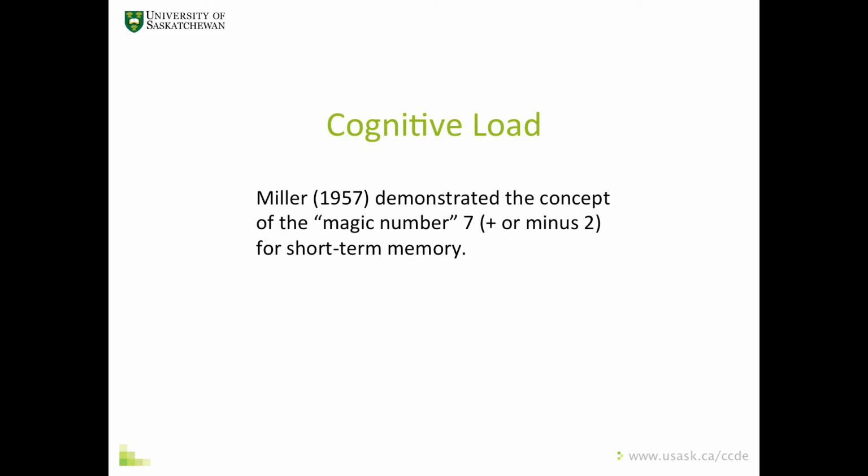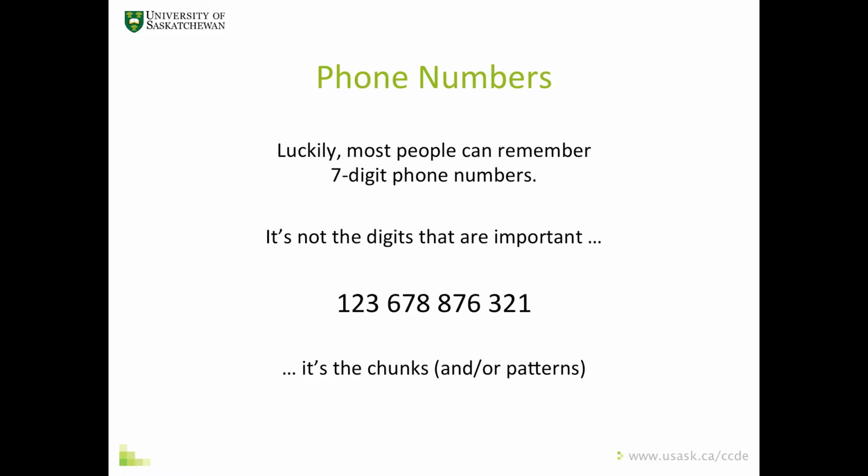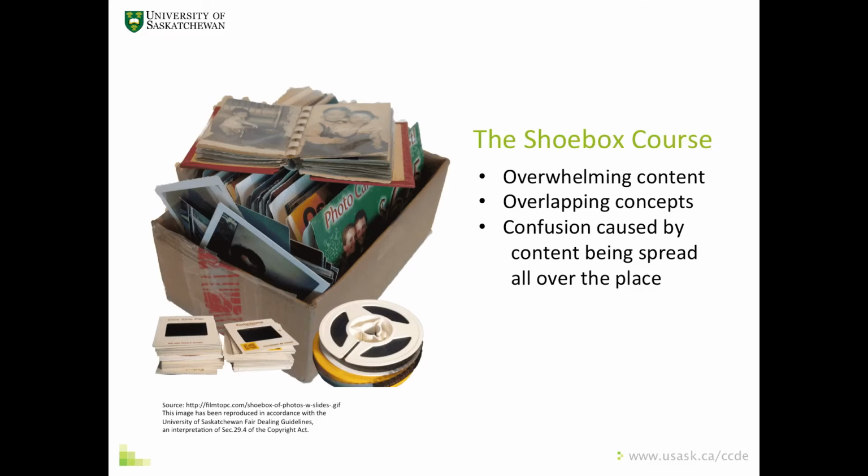That's sort of the magic number that our cognitive load allows us to remember in our short-term memory. That's why we have 7-digit phone numbers, for example. But it's often not so much the amount of digits that is important, but the chunks and the patterns that are created, and that allow us to change whether or not the cognitive load is too much or too little.